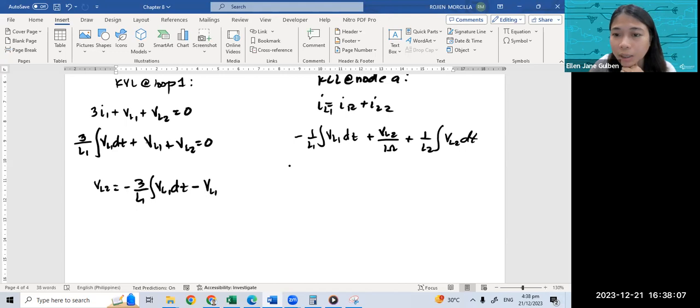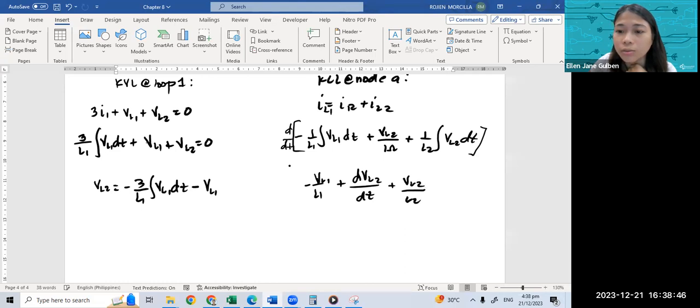And then right here we get, let's derive first. We get negative 1 over L1 VL1 plus dVL2 over dt plus VL2 over L2 is equal to 0.